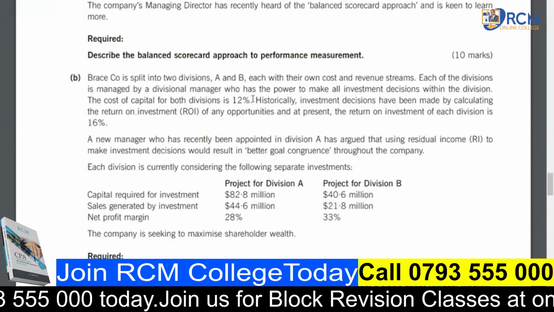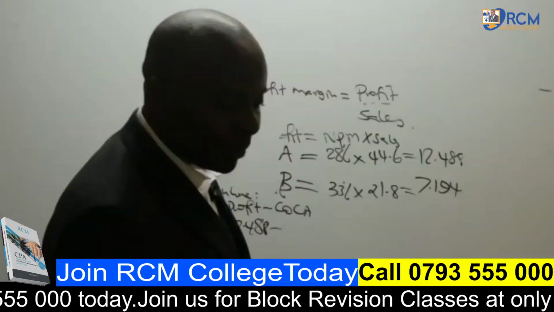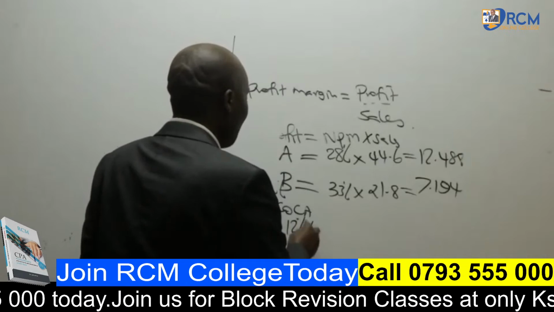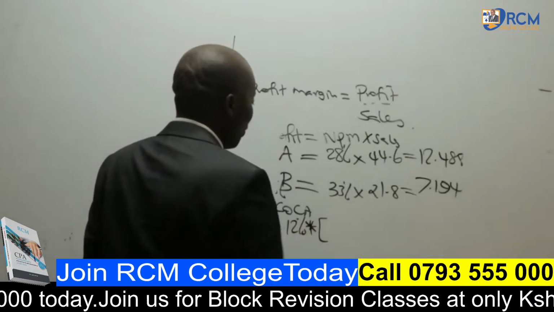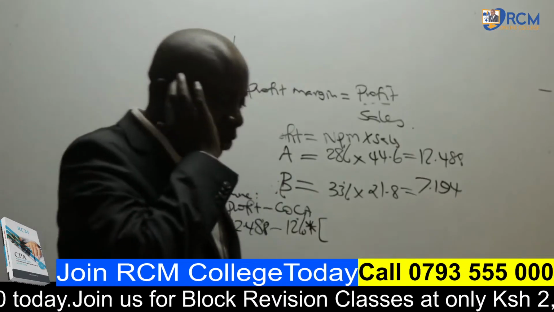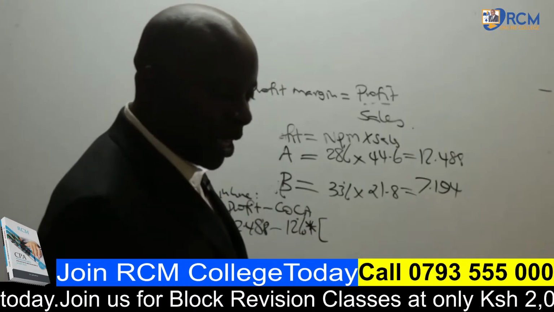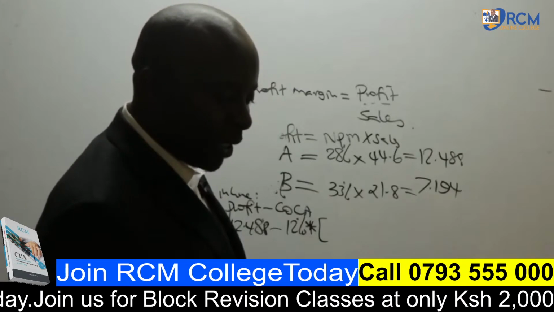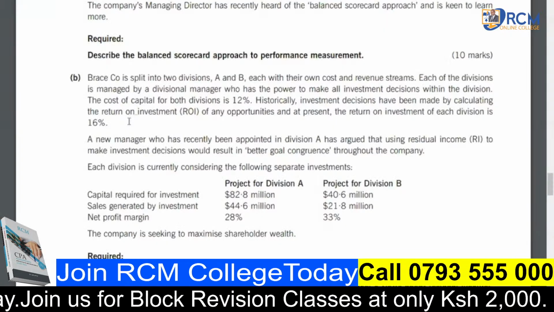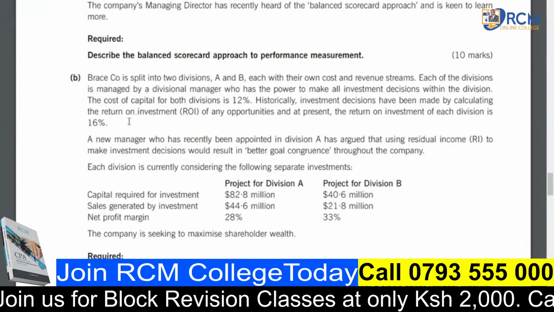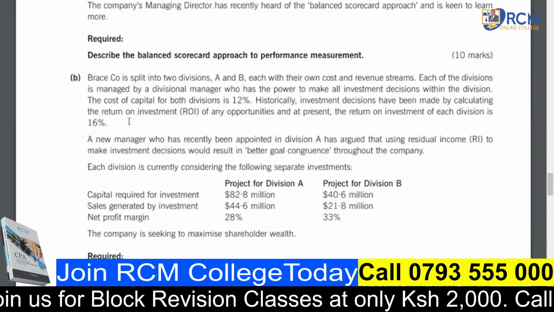So then it will be 12% of the capital employed. So 12% of the capital employed for A, the capital that was employed in A. Very vividly, I can see the capital employed in A was 82.8.